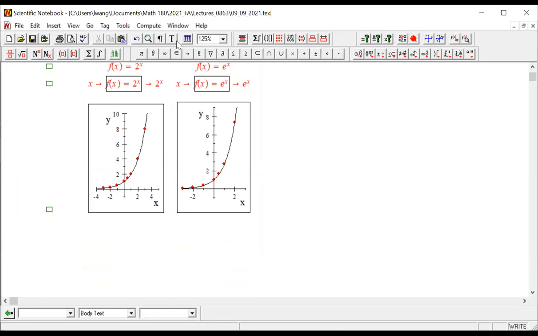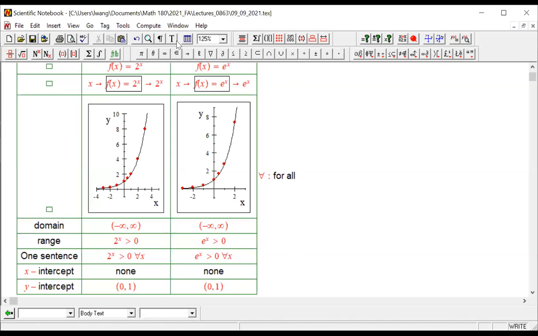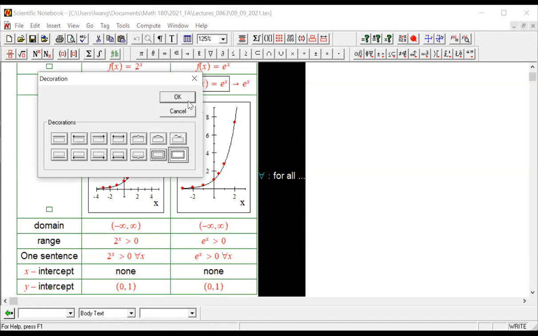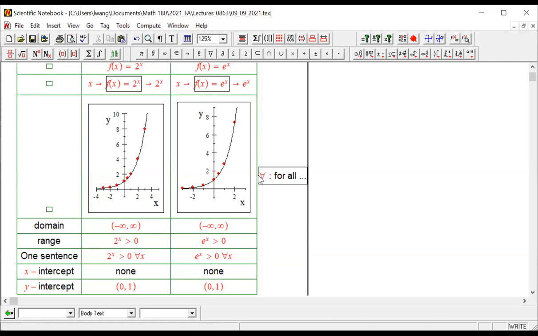Just for all. I don't know who invented this notation, but someone invented it, and I like to use it, because I don't want to make the table too spaced out. Okay, all right. How about that?